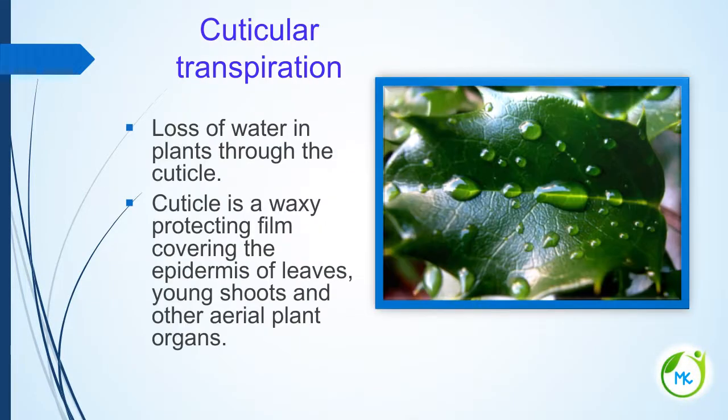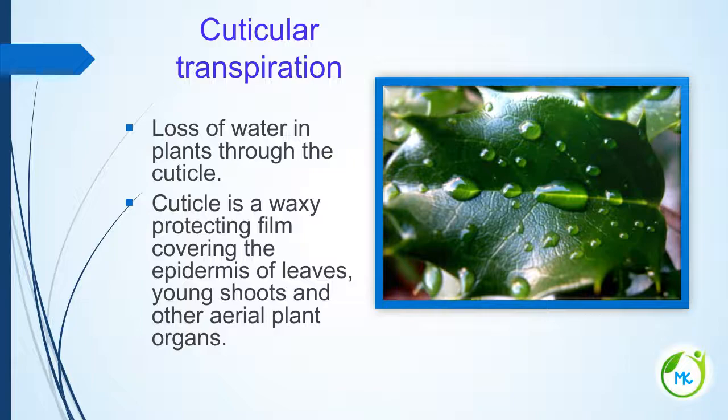The second kind of transpiration we are going to see is cuticular transpiration. Again, cuticular transpiration is nothing but the loss of water in the plants through the cuticle. So what is cuticle? Cuticle is a waxy protecting film covering the epidermis of the leaves.